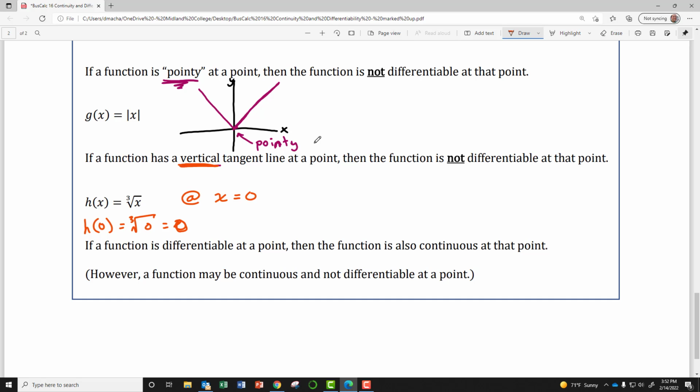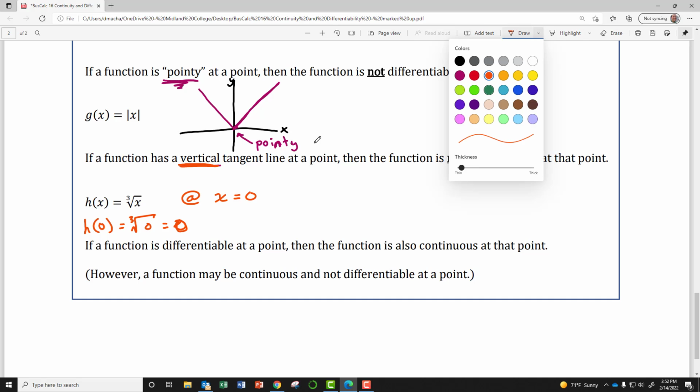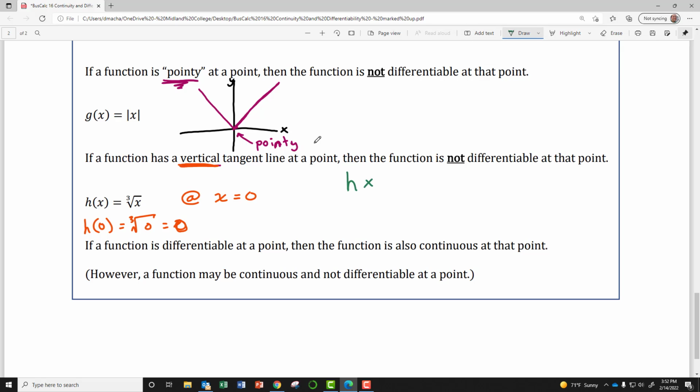But now let's take the derivative. Whenever I say that h of x is equal to cube root of x, I could rewrite that cube root as the exponent 1/3. So I could say h of x is equal to x to the 1/3 power.